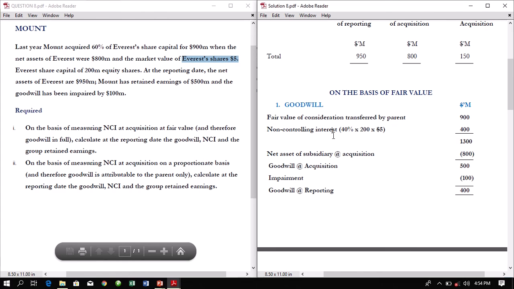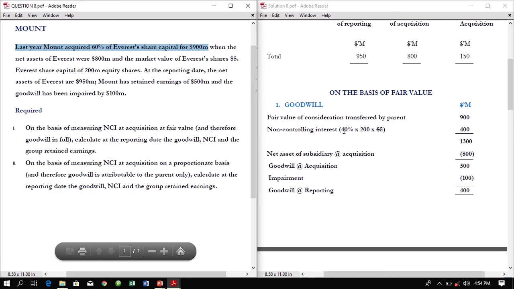So if I come here, I will have fair value of consideration transferred by parent, which is 900. Coming to this question, we are told that last year Mount acquired 60% of Everest share for 900 million. So the fair value of consideration transferred by parent is 900.